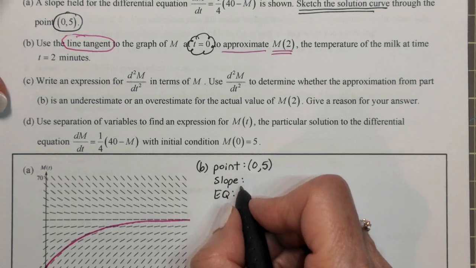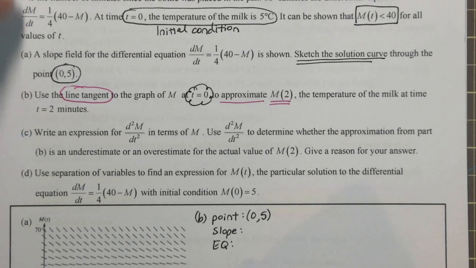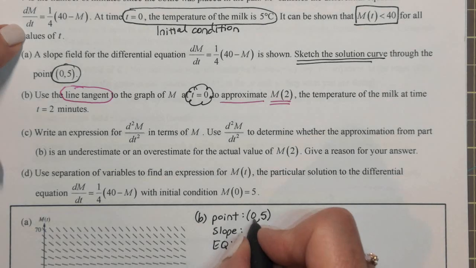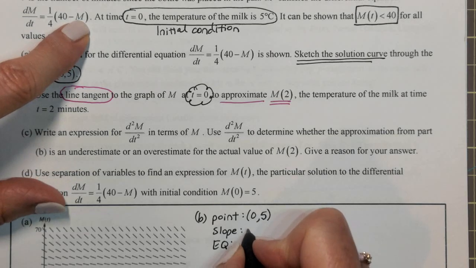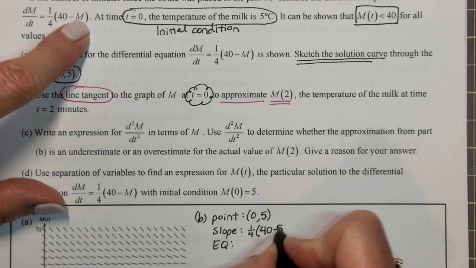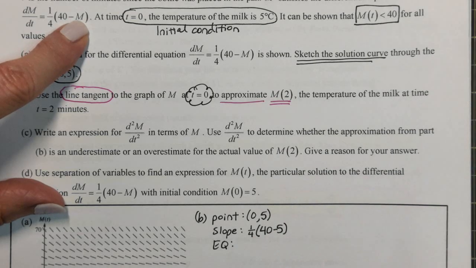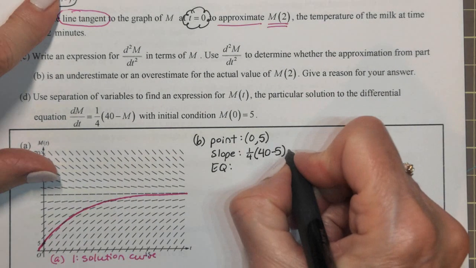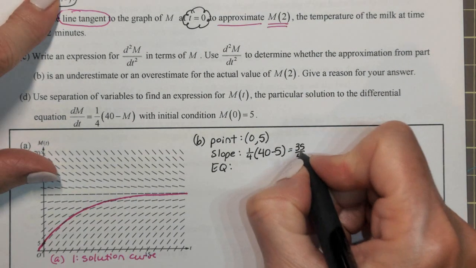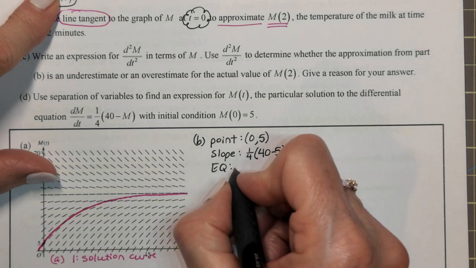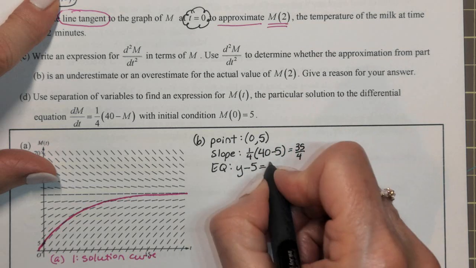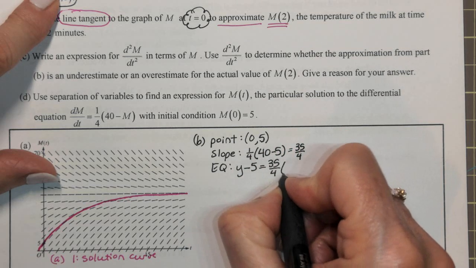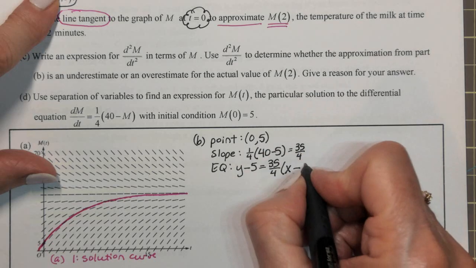What is the slope there? Well, the slope is dM/dt at time 0 when M is 5, right? So the slope is 1/4 times 40 minus 5. That is 35/4. So the equation is y minus the y coordinate is equal to the slope times x minus the x coordinate.